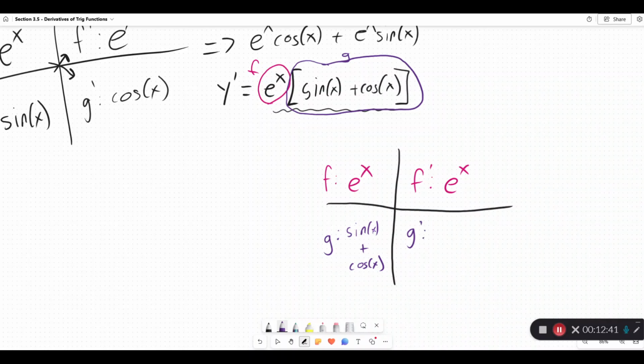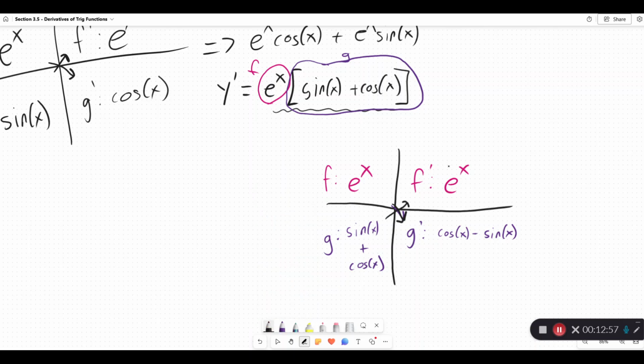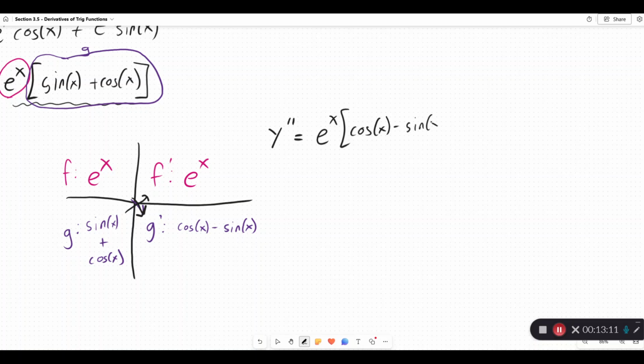And what is g prime? Well, it's just going to be the sum of the derivatives of sine and cosine, which is going to be sine goes to cosine, and cosine goes to negative sine. And once again, we're just going to do the multiplications. We're going to get y double prime. We're going to get e to the x times cosine of x minus sine of x plus e to the x times sine of x plus cosine of x.